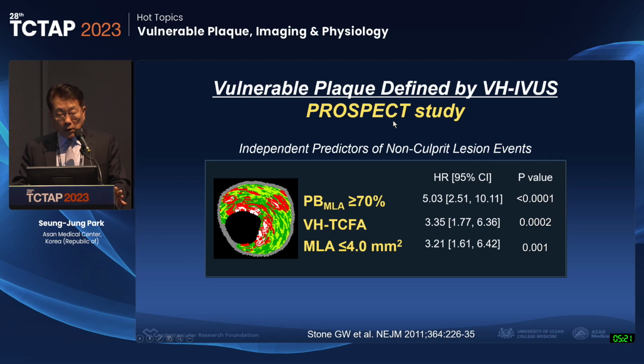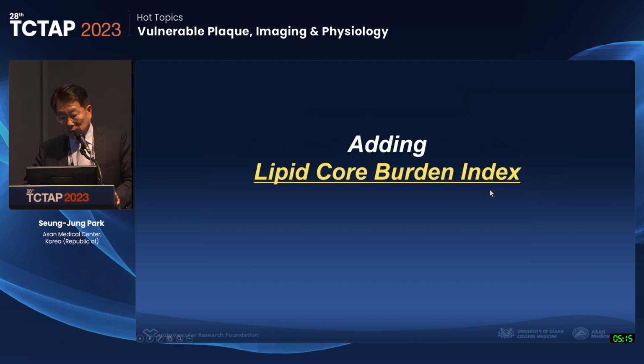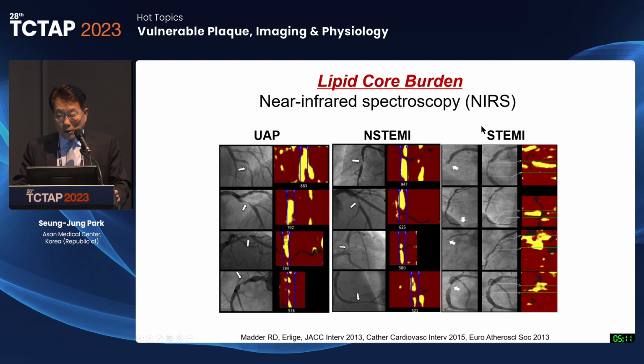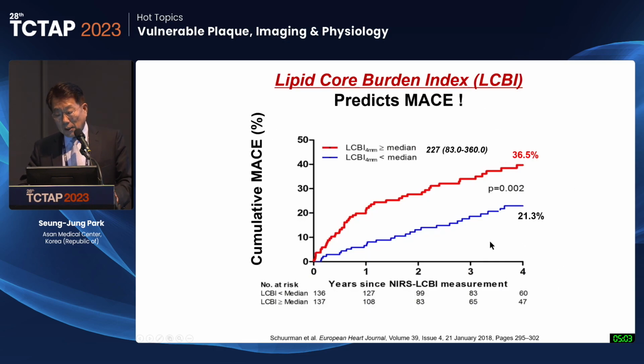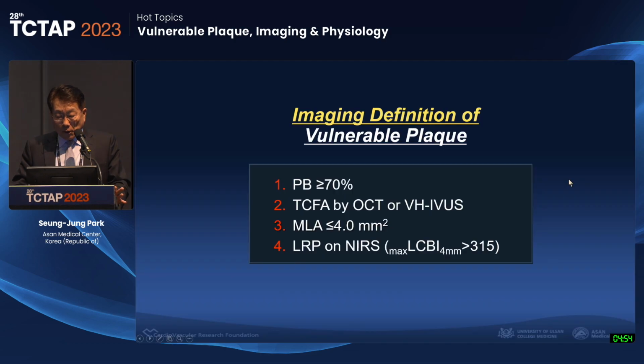The PROSPECT study defined vulnerable plaque as large plaque burden, TCFA, and minimal lumen area less than 4 millimeter squared. And adding the lipid core burden index by NIRS studies, the rate of unstable angina and STEMI is higher, with LCBI meaning more than 315. The cumulative event rate is clearly statistically higher.